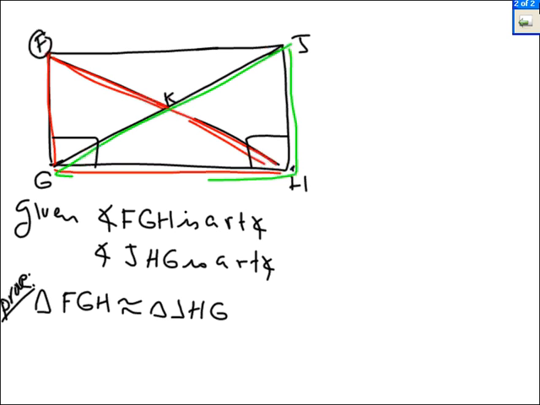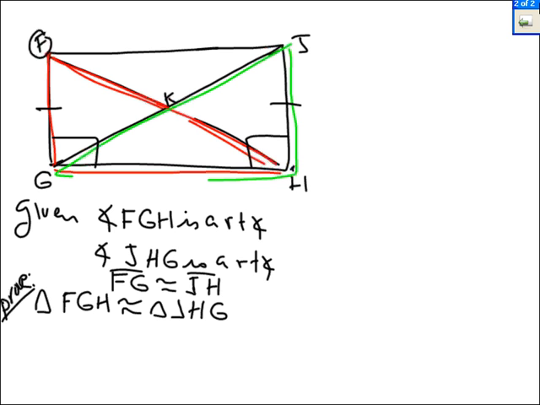Now, there has to be something else. How about I give you that FG and JH are the same lengths. This and this are the same lengths. Well, that's enough for me, because in the red triangle, I have a side.